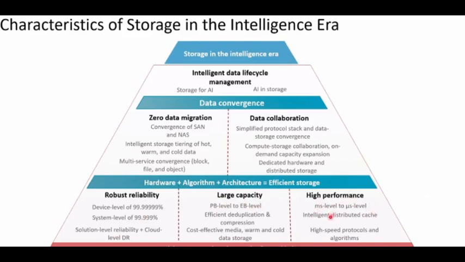High-speed protocols and algorithms, everything at the hardware level. Now in terms of data convergence: zero data migration, convergence of SAN and NAS, intelligent storage tiering of hot, warm, and cold. This is basically what they call smart tier. Multi-service convergence of block, file and object storage. Data collaboration, simplified protocol stack, compute-storage collaboration, dedicated hardware.